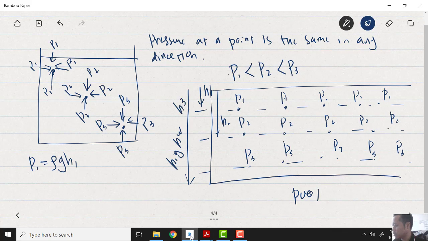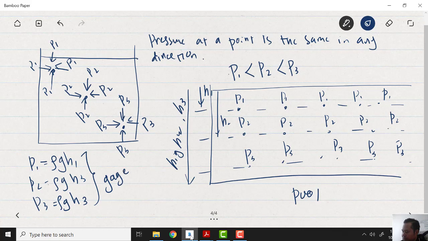For example, at H3, P2 equals rho g H3. Rho is the same because it's the same fluid. P3 equals rho g H3. This pressure we call gauge pressure.